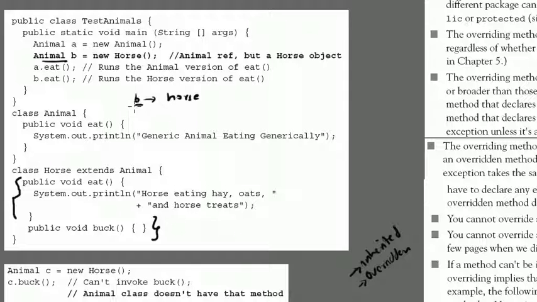Now using b, you can only invoke the overridden methods, right? So now eat in animal is overridden by the horse class, which is given here. So you could only invoke the method names which are overridden. So now eat is overridden.